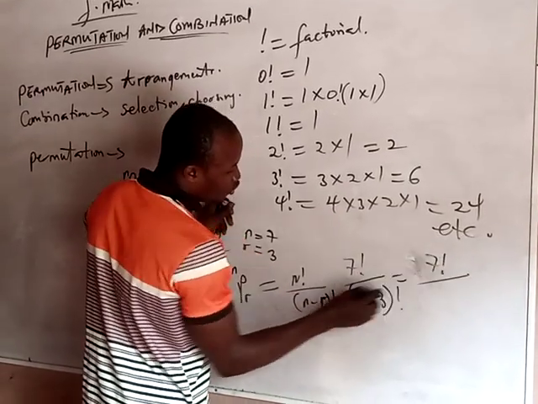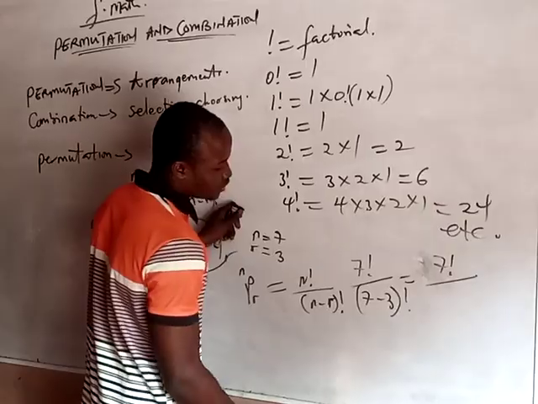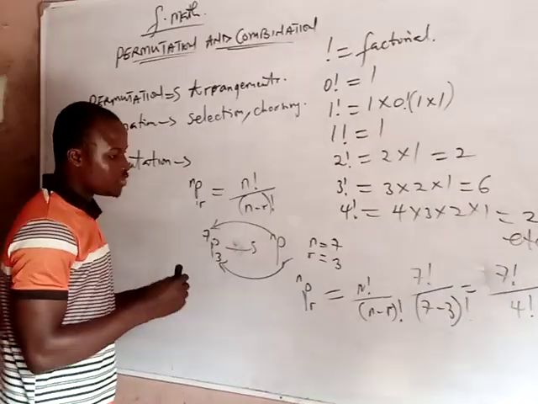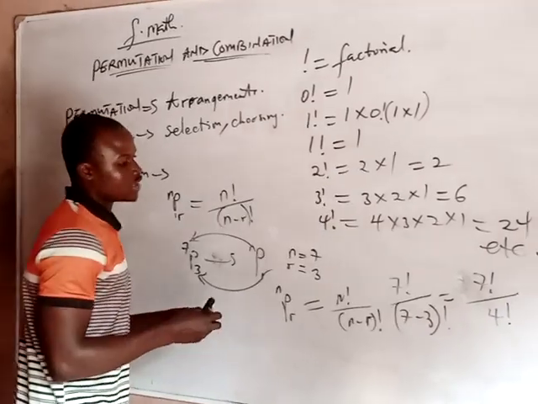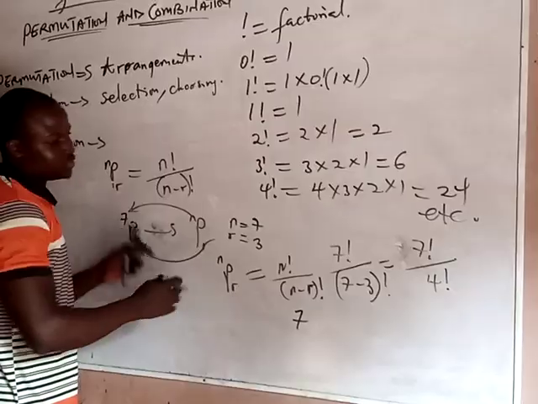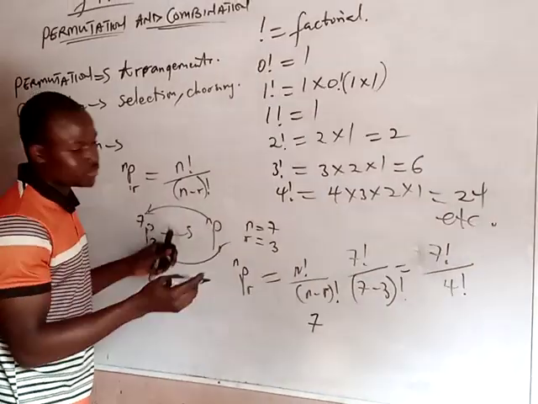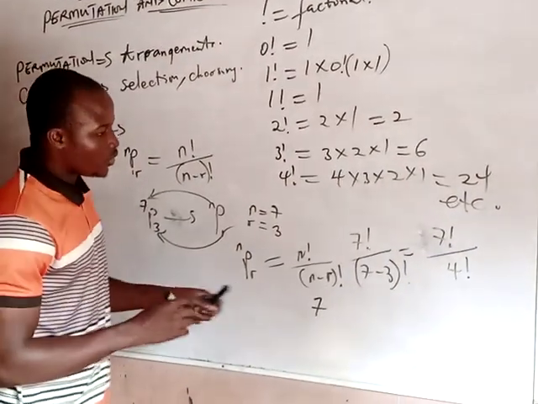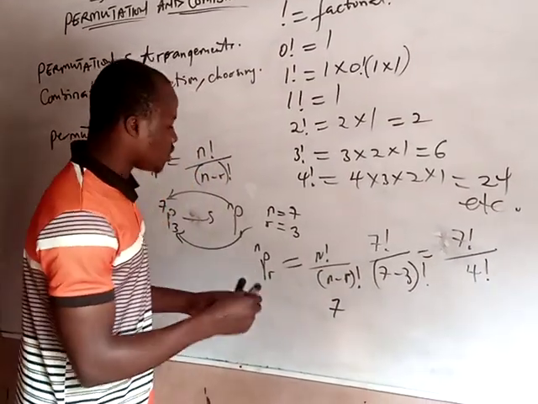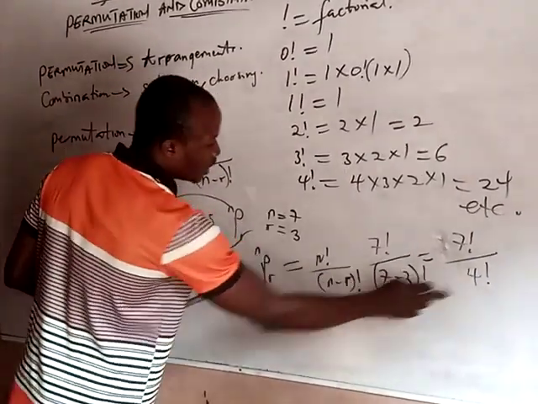7 factorial over 7 minus 3, which is 4 factorial. When you have 7 factorial over 4 factorial, just multiply the 7 downward. Because we can see 4 factorial in 7 factorial, when you are multiplying 7 downward and reach 4 factorial, you stop.